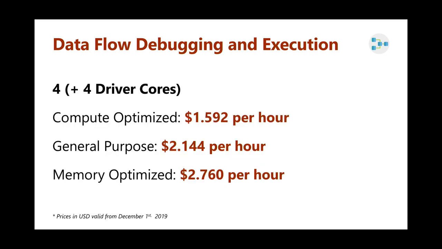So if you're using the defaults, what I've done here is I took that price, which was based on vCores, and I multiplied it by 8 in this example. So this is fairly inexpensive still if you want to run mapping data flows, anywhere from $1.50 to $3 per hour if you want to run it on the default cluster size.